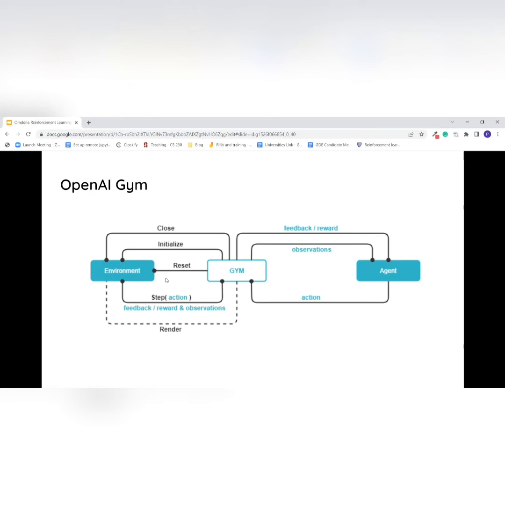Sorry, I inverted the two. We also have the close function, which is called when the learning process is finished, to terminate the environment properly. And we can also eventually use a render function, which is not required, to help us render the environment, meaning have a visual of the environment to better see how things are going.